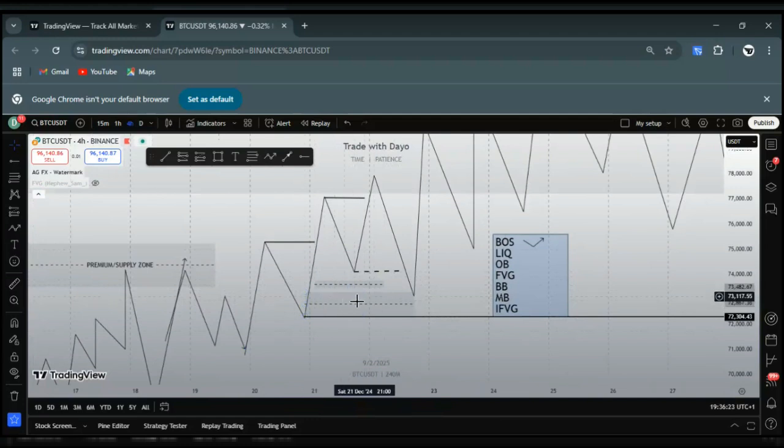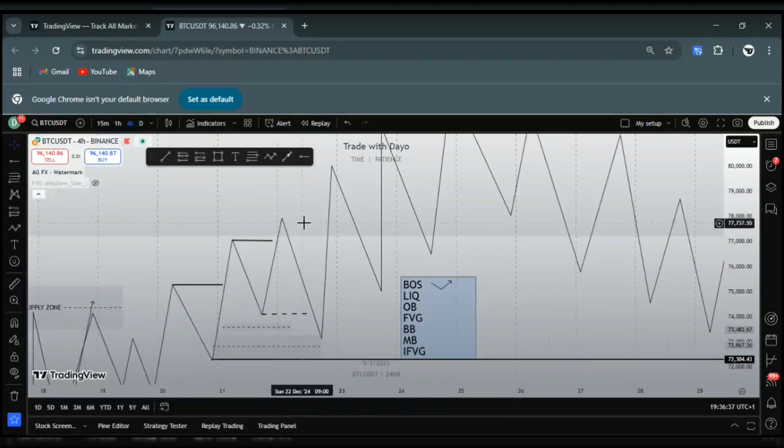And again, don't discard your idea on premium and discount. Same thing goes for your supply zone when you are selling. Make sure that your order block is having a fair value gap.